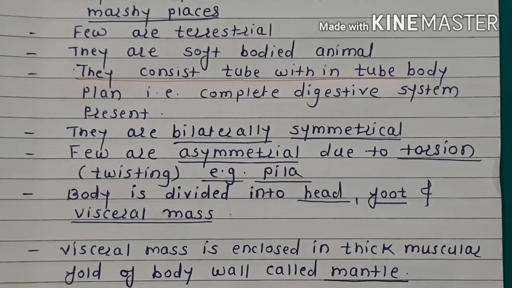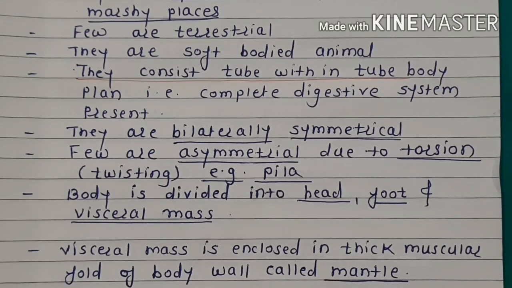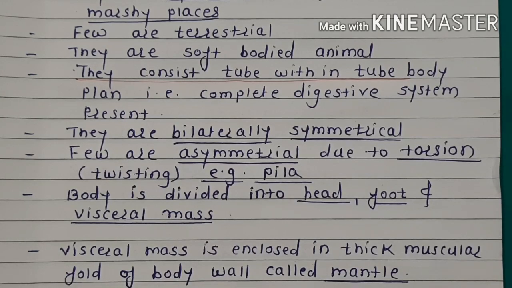Few are asymmetrical due to torsion, that is twisting. Example, pila. Body is divided into head, foot and visceral mass. Visceral mass is enclosed in a thick muscular fold of body wall called mantle.